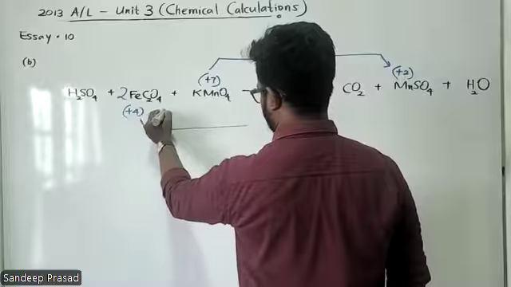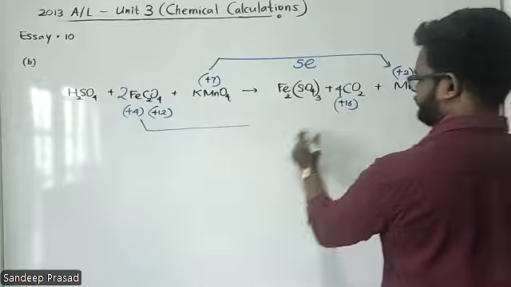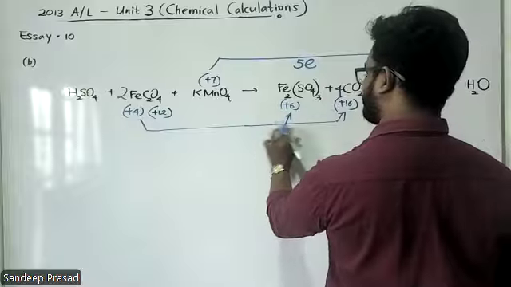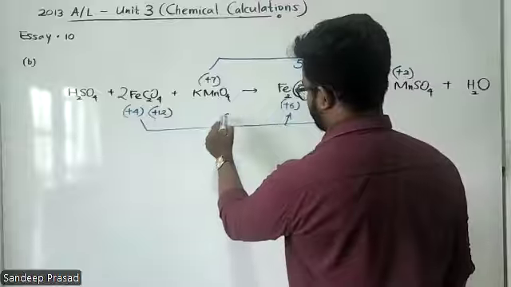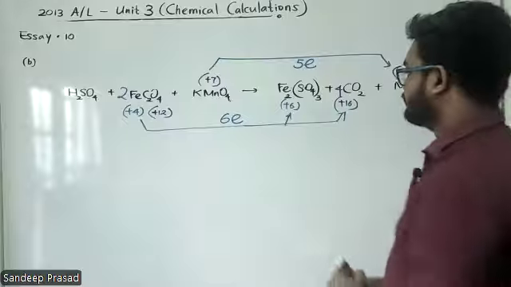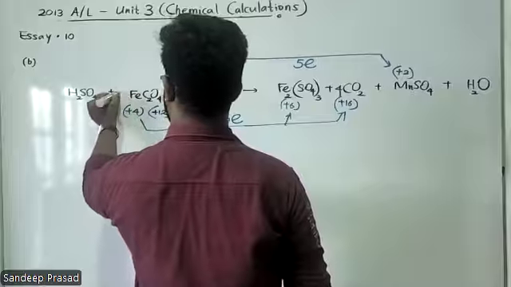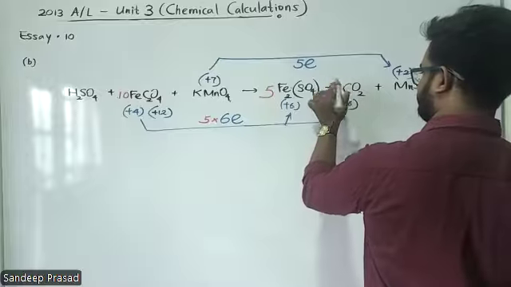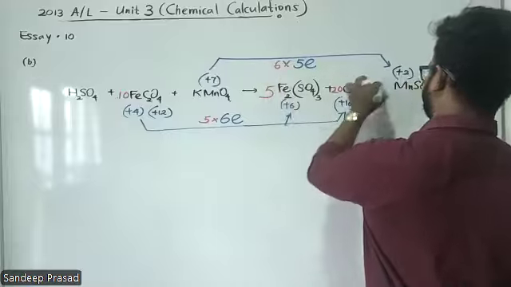There are 4, so therefore plus 12. So here we have to put 4, then plus 6. And here plus 6. So what is the total increment? Plus 16 to plus 26, 6 electrons. This is multiplied by 5. And this is multiplied by 6.